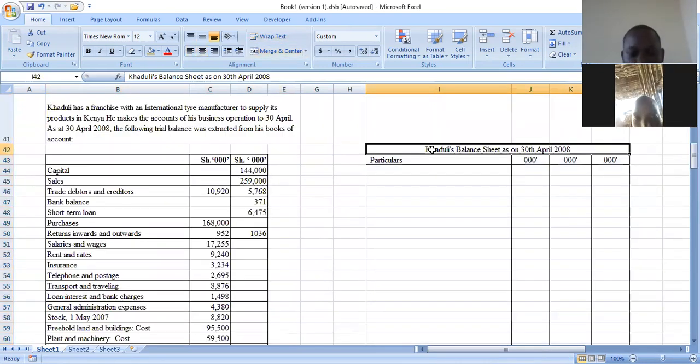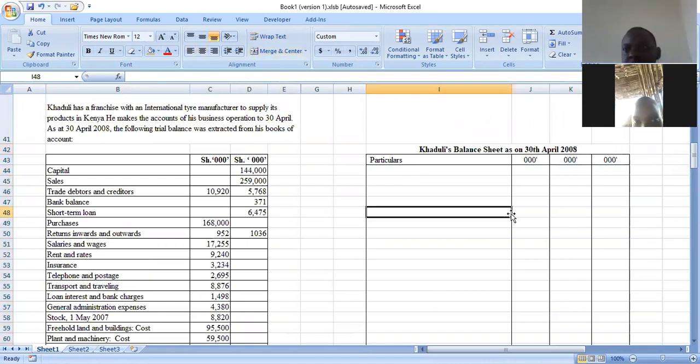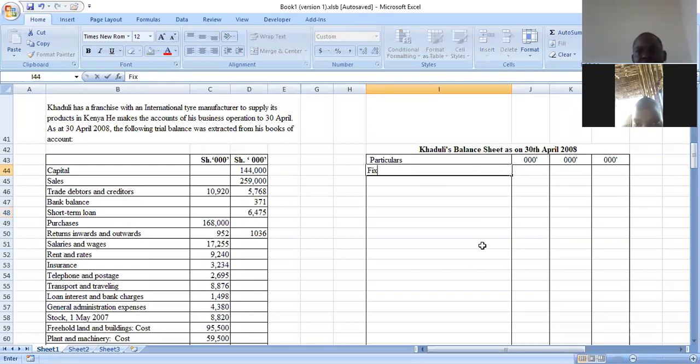So we embark on Kanduli's balance sheet. On one side of Kanduli's balance sheet, we have the assets, and we begin with the fixed assets. In the inner column, we have the cost. In the outer column for fixed assets, we have the accumulated depreciation.